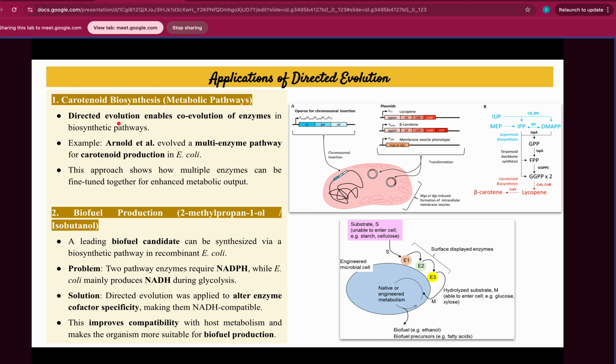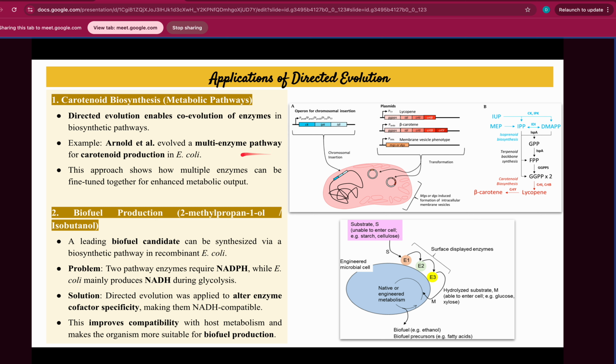Then applications of this directed evolution is carotenoid biosynthesis metabolic pathways. With the help of directed evolution, you can design multi-enzyme pathways. This is the example of the carotenoid biosynthesis. So instead of going through one pathway to produce carotenoids, you can use multiple enzymes to produce the carotenoids.